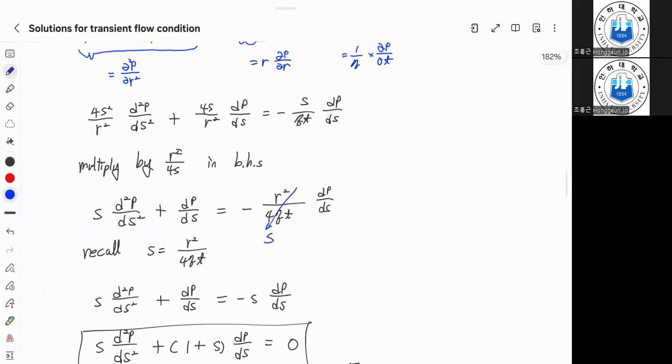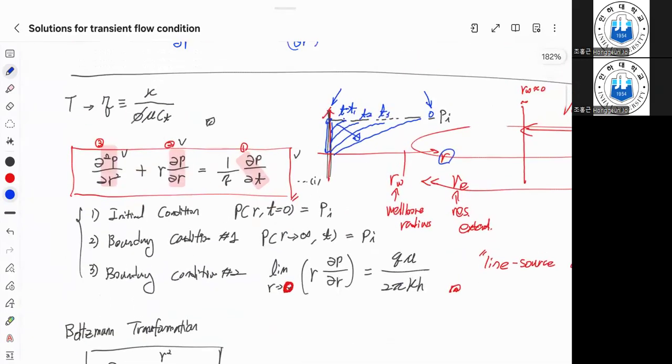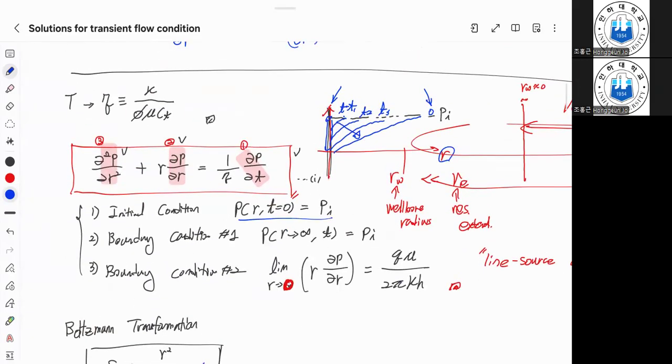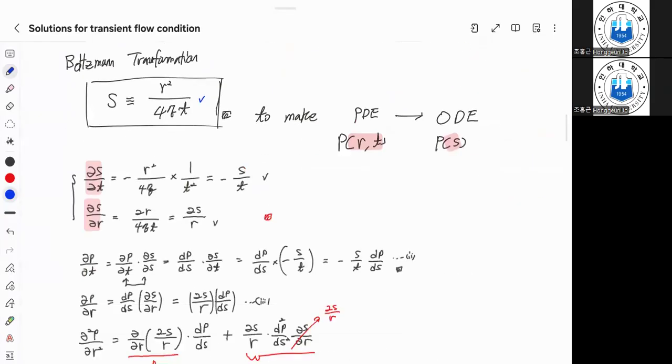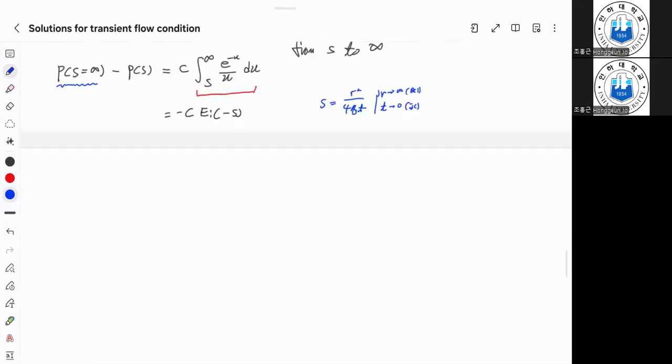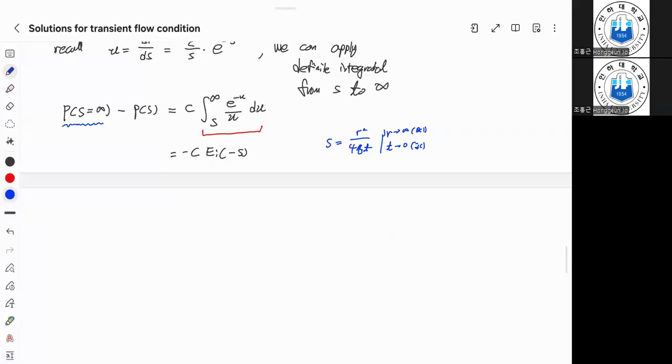If you scroll up, the first boundary condition and the initial condition say that when S goes to infinity, meaning either T goes to 0 or R goes to infinity, then it is equal to the initial pressure. So by the first boundary condition and also the initial condition, this will become PI.